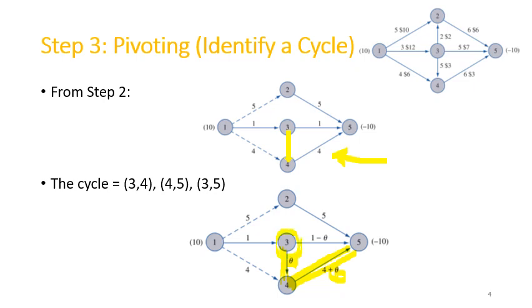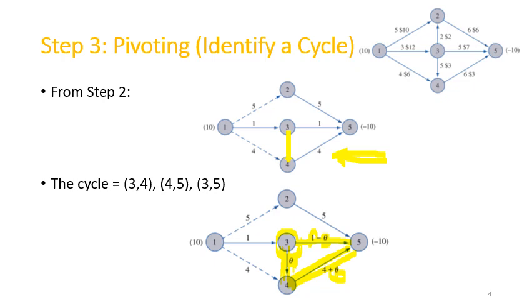If we increase 3 to 4, which is currently nothing, to become theta, it means that we're taking away some of the flow that is going from 3 to 5 originally. From 3 to 5 originally we have 1 unit of flow. Now we are going to take this away, so it becomes 1 minus theta.